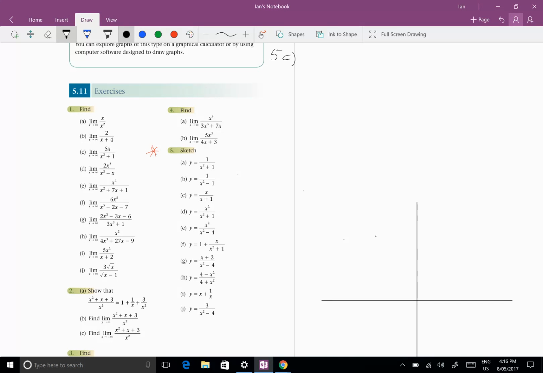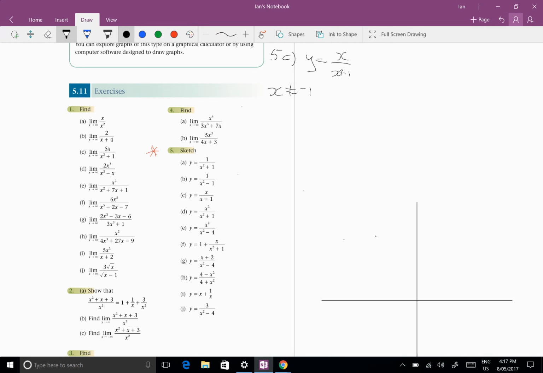Now 5C is y equals x on x plus 1. The first thing you should be thinking about is that we can't divide by 0, so x cannot equal -1.